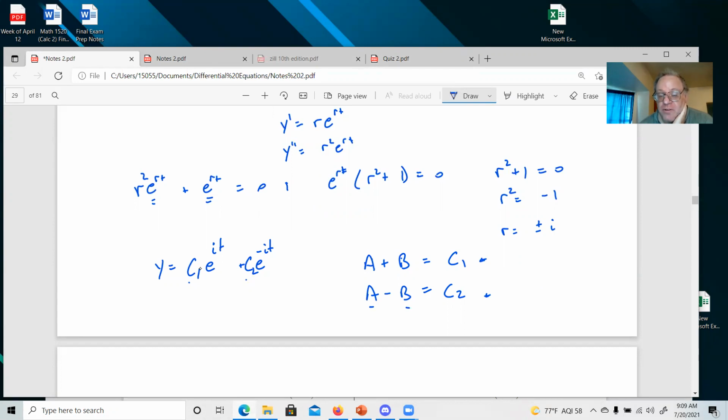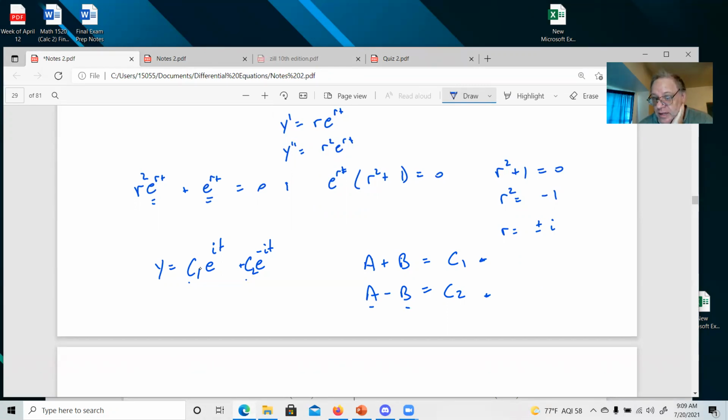We can solve this for any value. So if I know what my C's are, we could come up with an A and a B that would give us a consistent system to get a C1 and a C2. So you pick any numbers you want for C1 and C2, we can get an A and a B that's going to work. Now, sometimes, like if you pick C2 to be 0, that's okay.